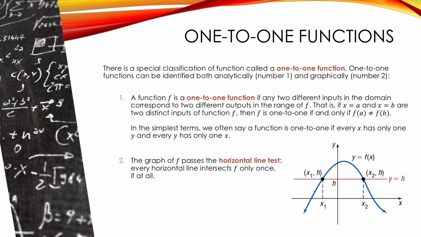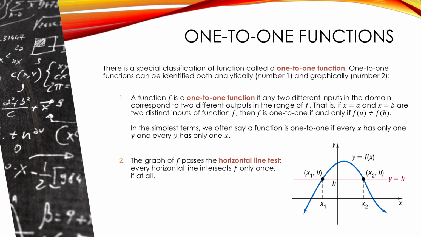So we have a special classification of function called a one-to-one function. One-to-one functions can be identified both analytically and graphically. Analytically, it means that if any two different inputs in the domain correspond to two different outputs in the range of f, then they are called one-to-one.